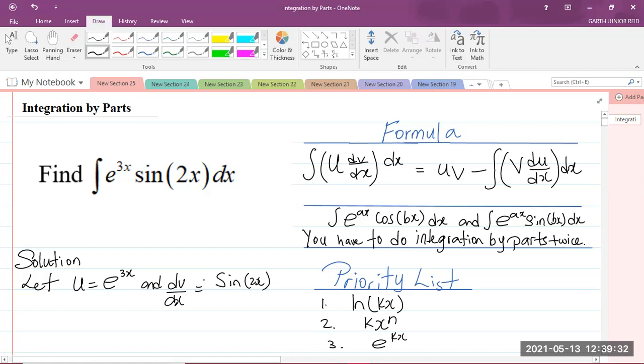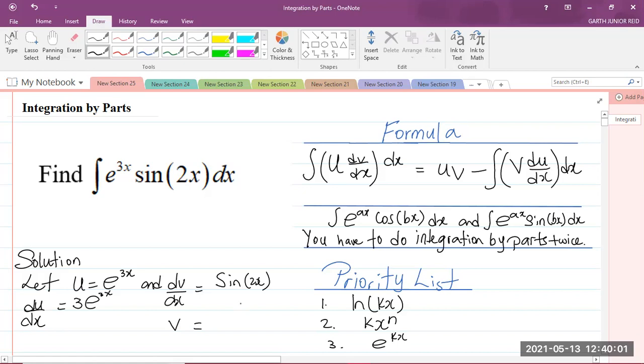Now, what you will be required to do is to differentiate the u term. So du by dx is going to be, we differentiate the power 3x. When you differentiate 3x, you get 3, and multiply it by e to the same power, 3x. And v is going to be the integral of sine 2x.